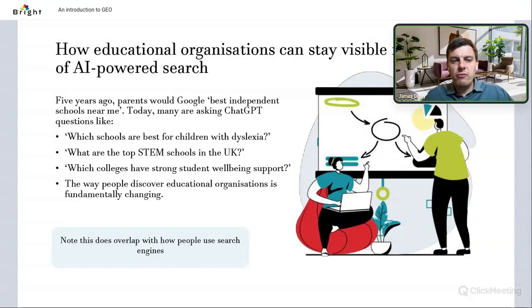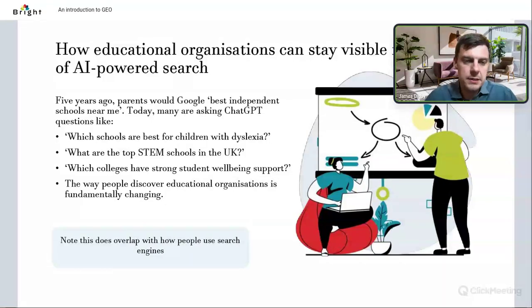So in terms of how parents and customers within the education sector currently look for an organization to engage with, traditionally that's been Google. There are other search engines, but traditionally it's been Google. So, for example, a parent might search for the best independent school near me.